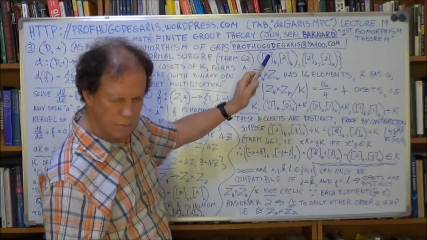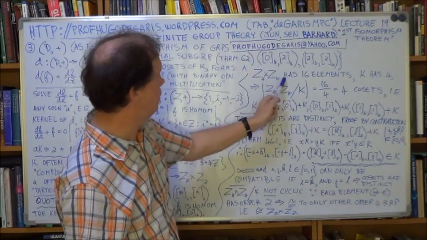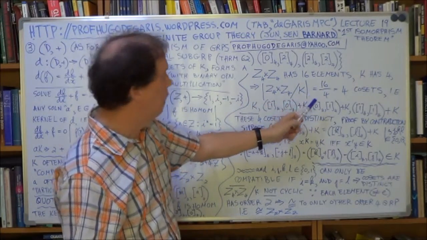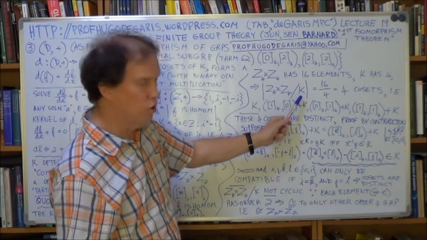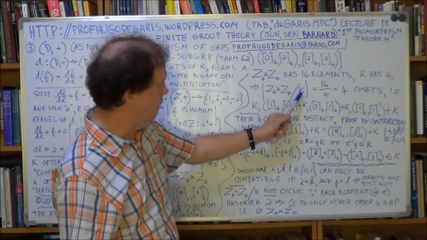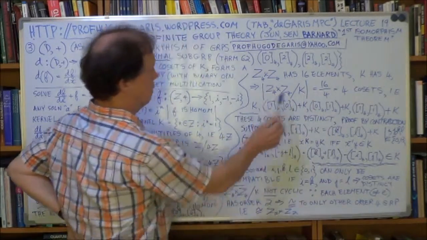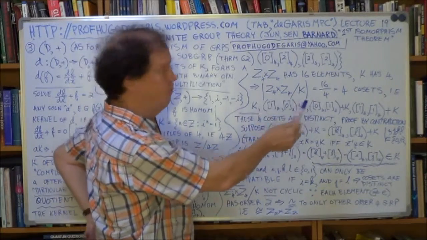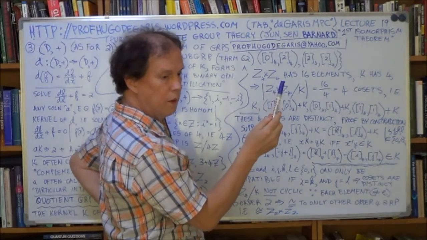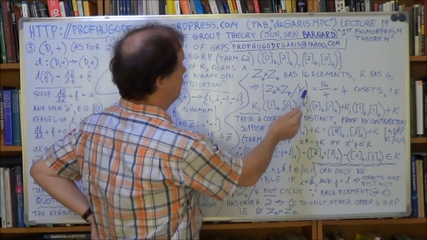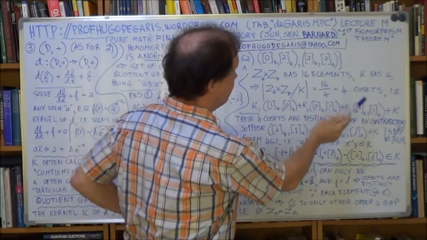You take the starting group size, which is 16, and divide it by the size of your normal subgroup, so the size of K, which is 4. That's what these vertical bars mean, right? So the order of the quotient group, the whole thing here, will be 16 divided by 4, which is 4.